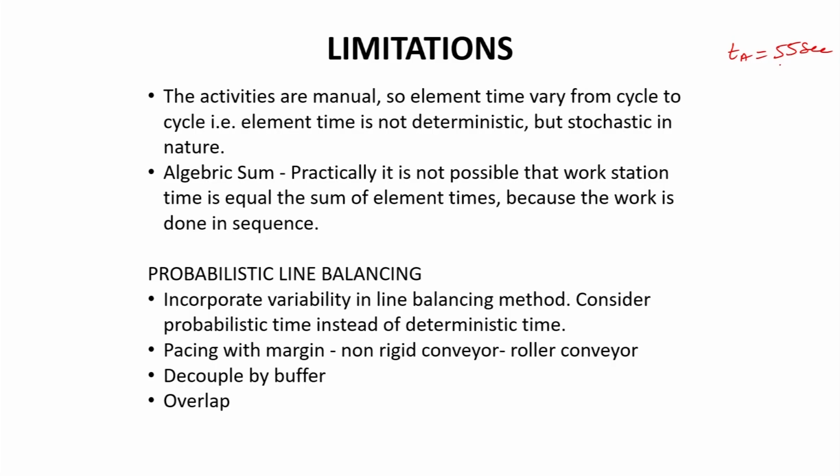It is not possible that in every cycle the worker takes 55 seconds to perform task A. Sometimes he may take 54 seconds, sometimes 53, sometimes 56 or 57 seconds, but this 55 seconds is the average of the time study. There may be a time study of 20 such cycles, and we found that the average comes out to be 55 seconds, but in actuality it may vary. So, how to handle that?